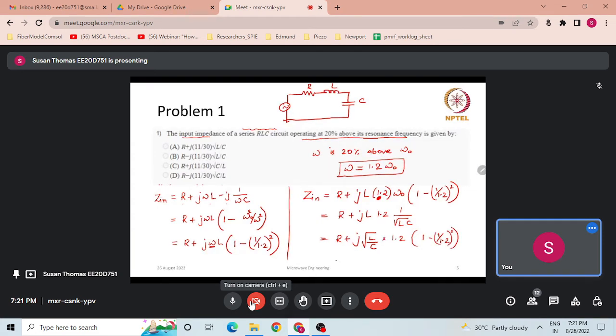The final answer will be R plus j root L by C, and this has to be solved. Once you solve this, you will get 11 by 30. So this will be the input impedance.